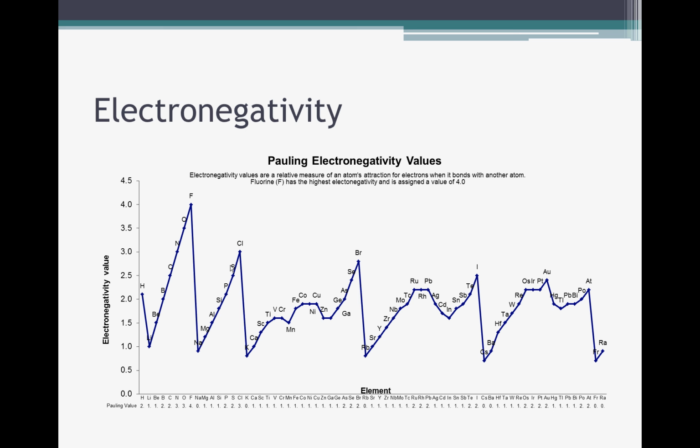So we've looked at the effect of nuclear charge, shielding, and electron-electron repulsion in developing periodic trends. Keep in mind, these are just three examples of periodic trends, but the same patterns apply to all of them.